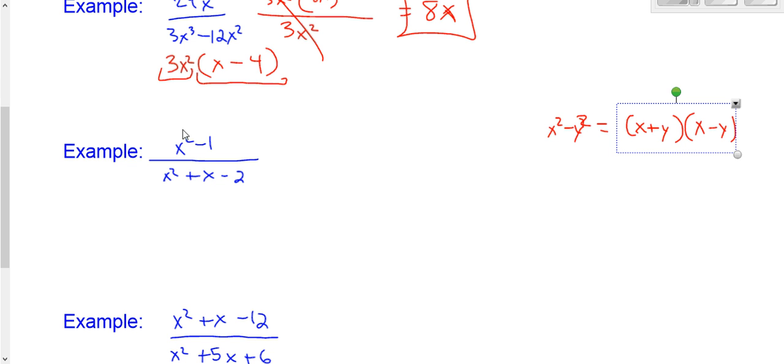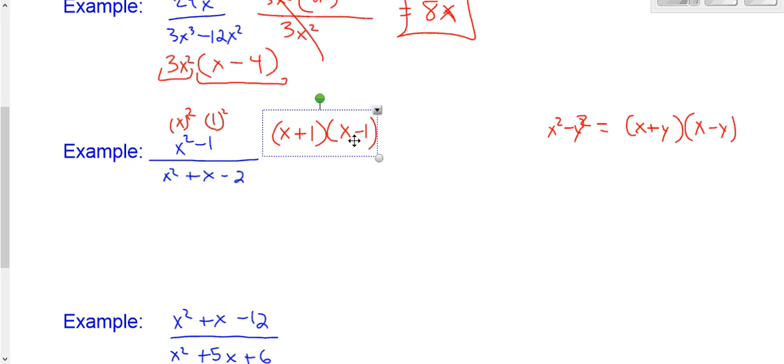We have x being squared and we have 1 being squared. So when we plug into the formula, we have x plus 1 and x minus 1.